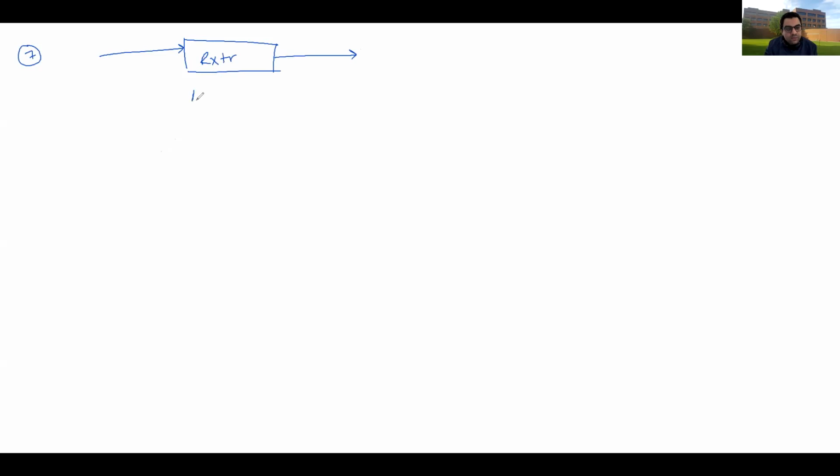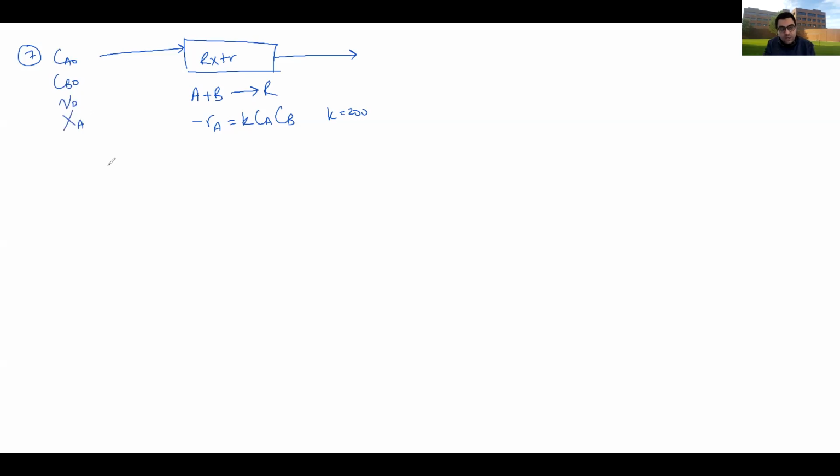In this reactor, I have a reaction A plus B going to R, and the reaction rate is minus RA equal to K CA CB, and you're given that K is equal to 200. Entering this reactor, I'm given a CA naught, a CB naught, a V naught, and an XA.